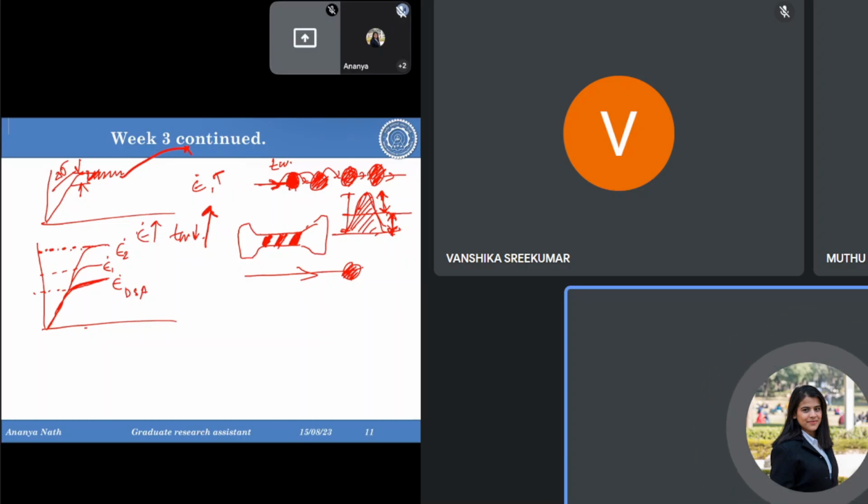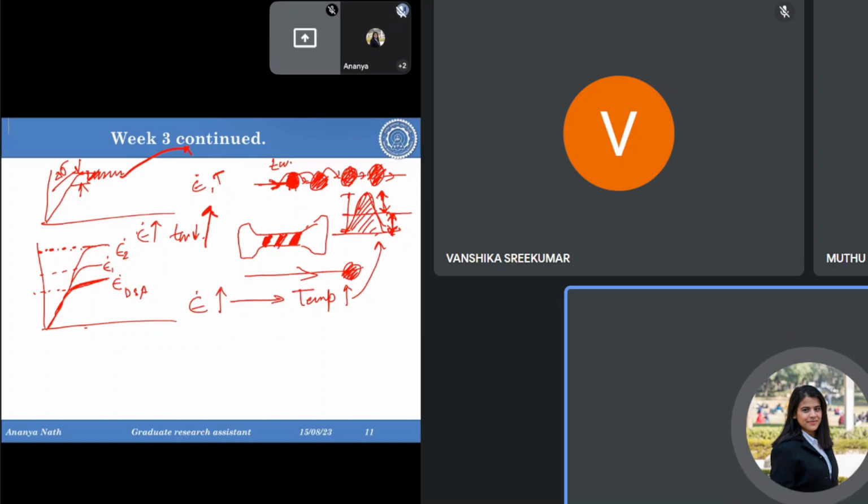For DSA, the thermal activation needed is less because already the strain rate is increasing, and as a result, the temperature inside the material also increases, which helps in getting this thermal activation, which is also needed for the solute atoms.